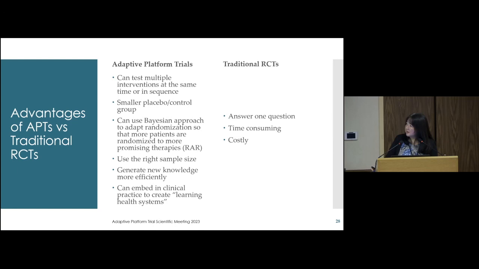And you use the right sample size. You don't really know the sample size; you can only guess. In the traditional randomized controlled trial, you set a sample size, it may be too many, and we're spending lots of money on too many people to find the answer. The adaptive one finds really just the right number, and then we close, minimizing costs. It can generate new knowledge more efficiently.